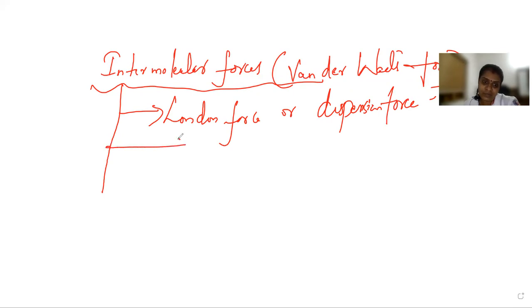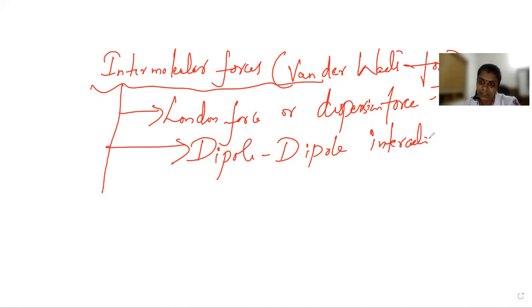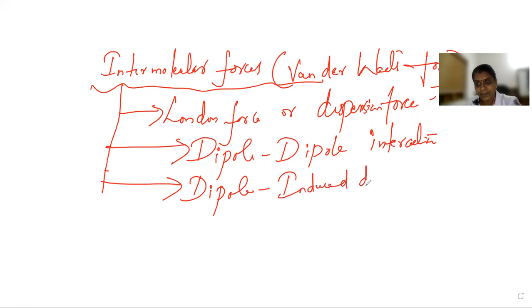The next one we are going to discuss is dipole-dipole interaction. The third type of force is dipole-induced dipole interaction.